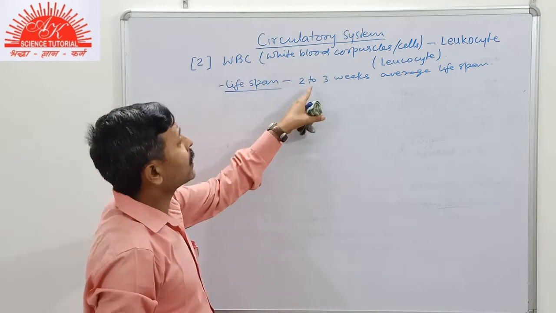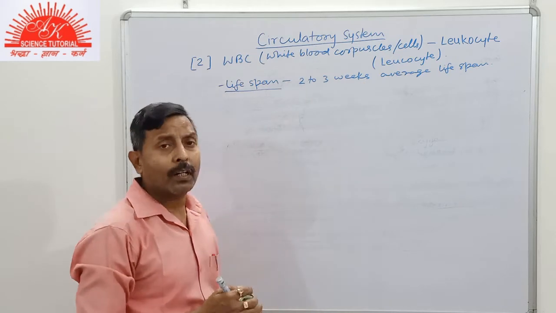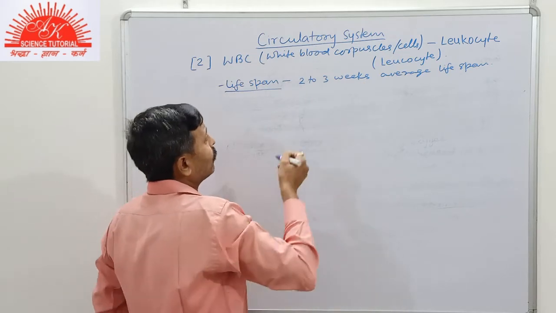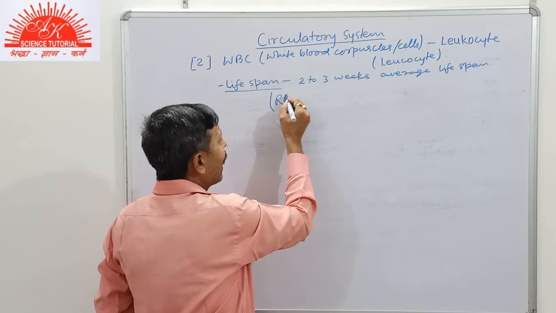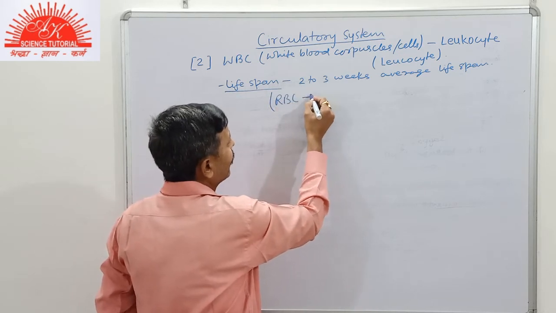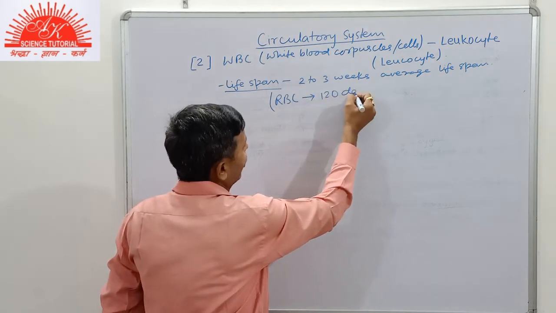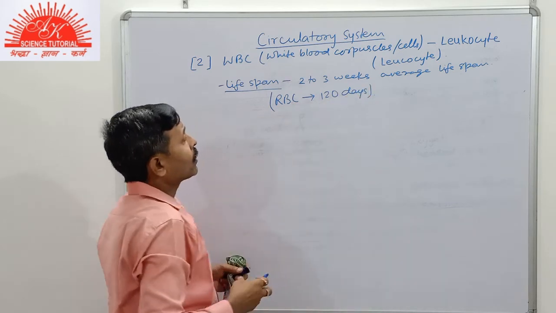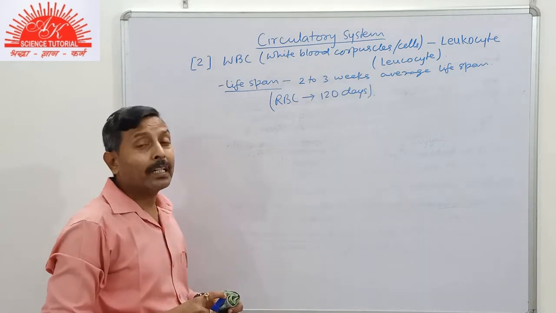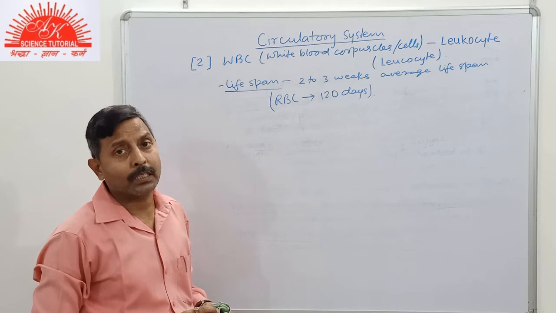So overall, this is the average lifespan of WBC. But you see, you have studied that RBCs are having 120 days. So this is the comparative study of WBC.